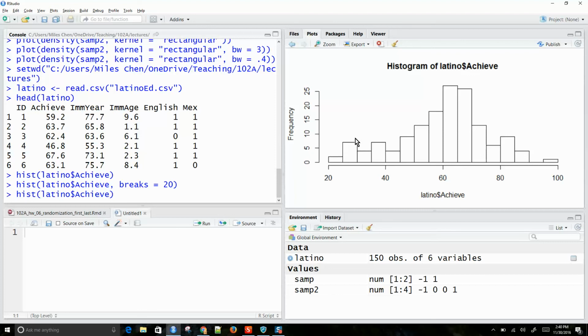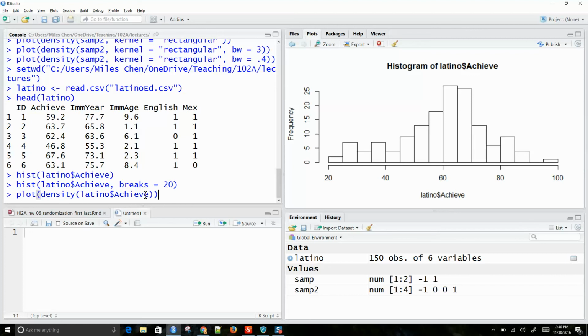What we might want to do instead of a histogram is to use density. We would plot this, and this is all using just base graphics. ggplot also implements plotting density curves, but I forget what the exact command is. I think geom_density is pretty much what you're going for.